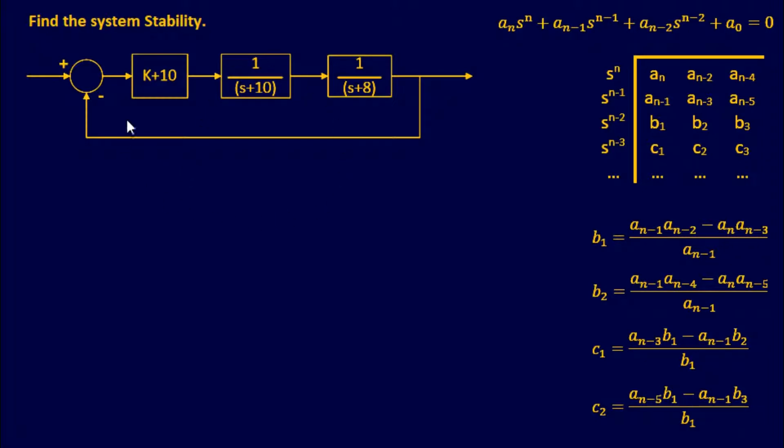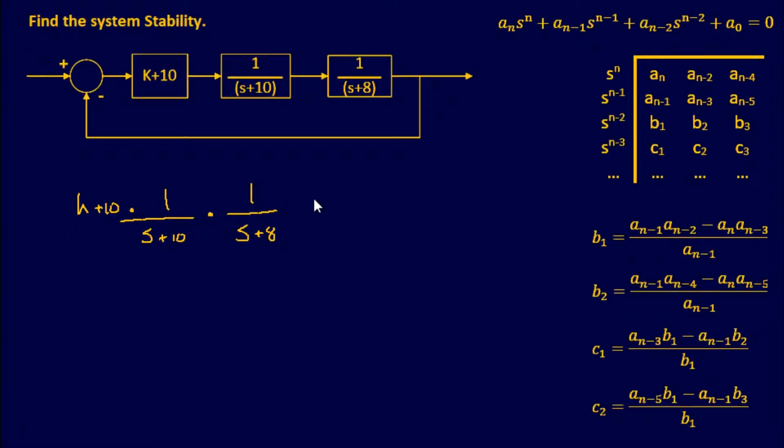Let's see if we can simplify this block diagram right here. Well, following just the regular block diagram rules, anytime it's in this formation right here, one after another or cascading, you multiply them together. For example, it's going to be K plus 10 times 1 over s plus 10 times 1 over s plus 8.